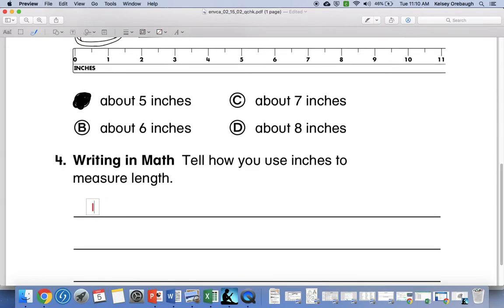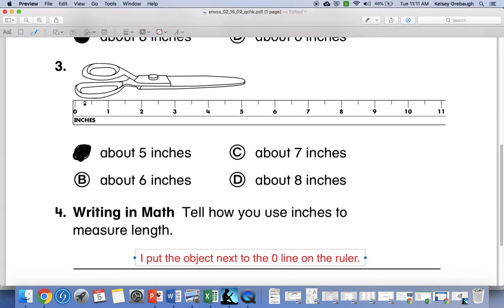All right, so that's our first sentence. I put the object next to the 0 line on the ruler. Let me drag my text out here. That is our first step, lining up the object with the 0-inch line on the ruler.